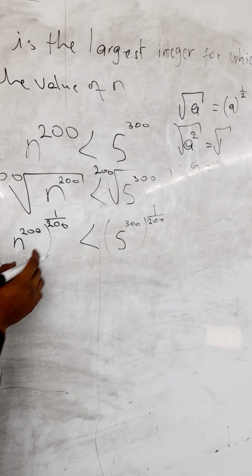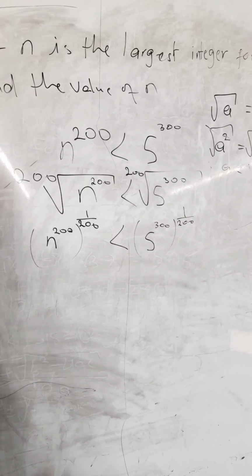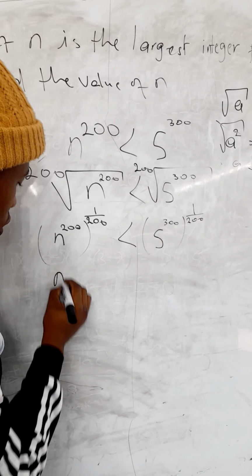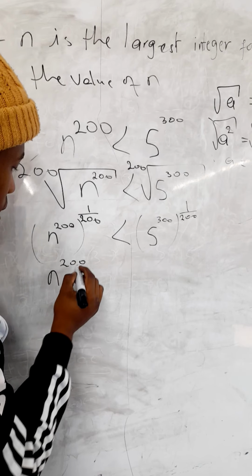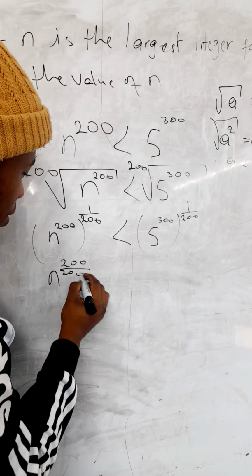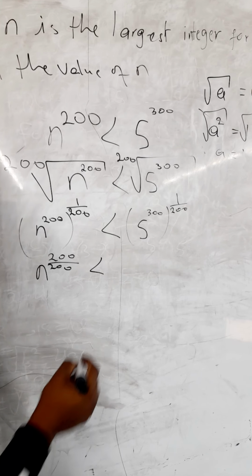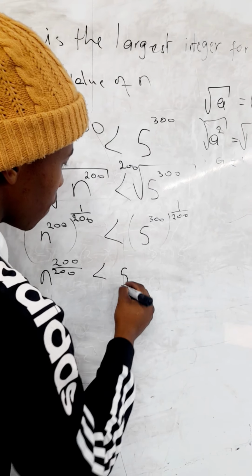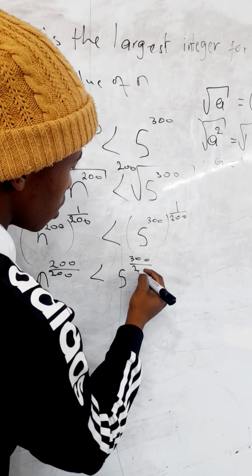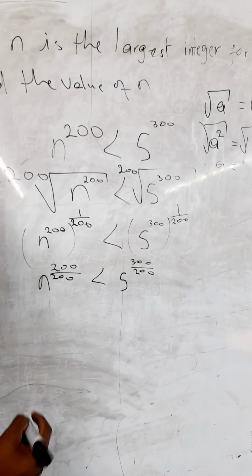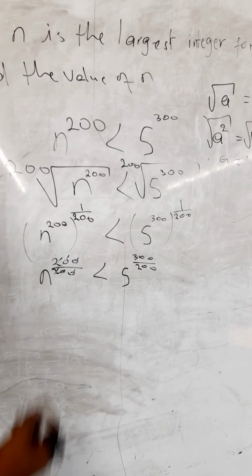So this is the numerator, this is the denominator. So this will be equal to n to the power of 200 over 200 less than 5 to the power of 300 over 200. So this and that will cancel.